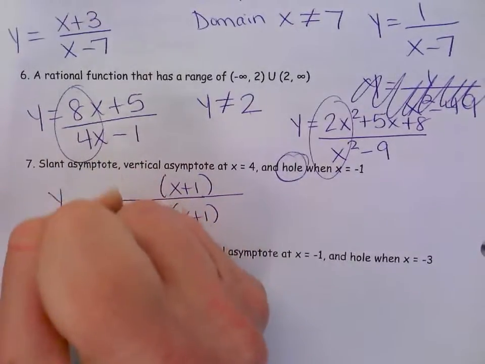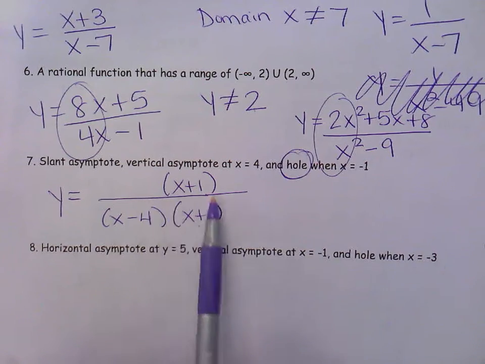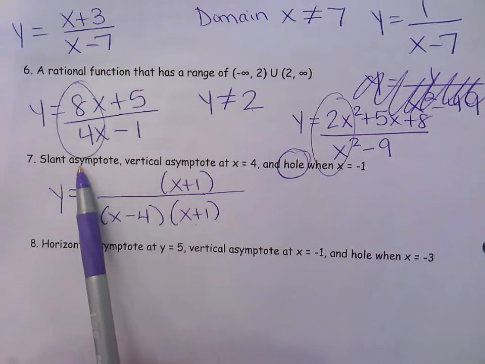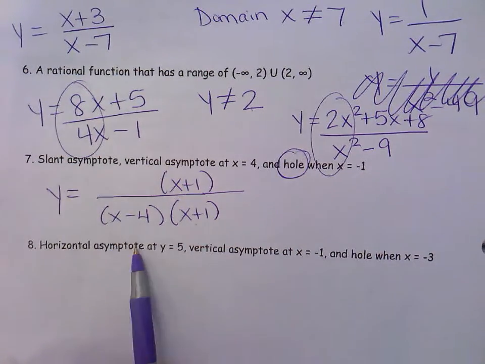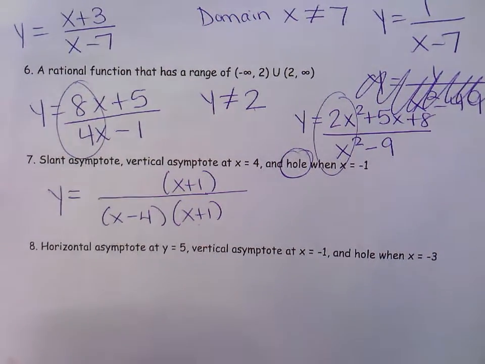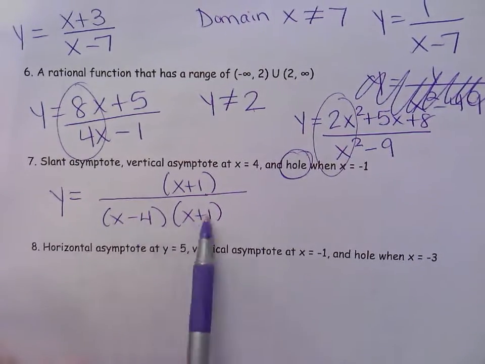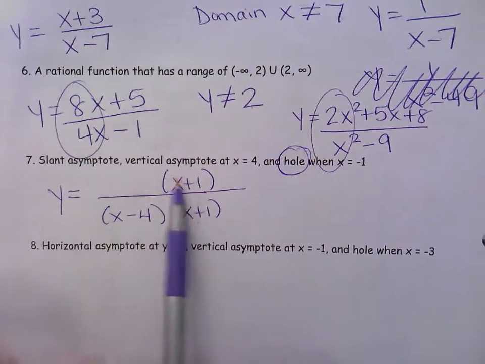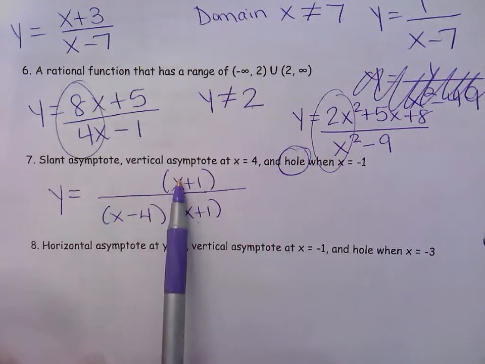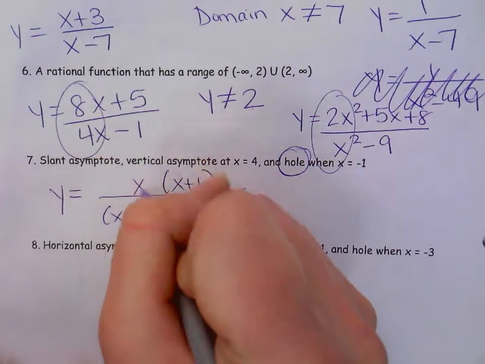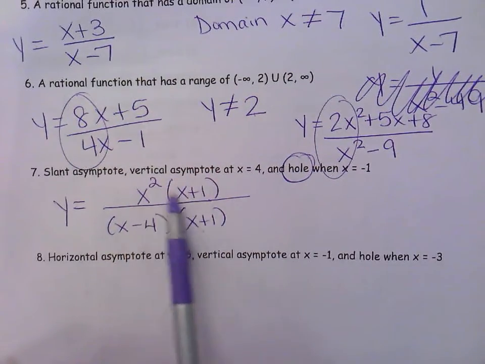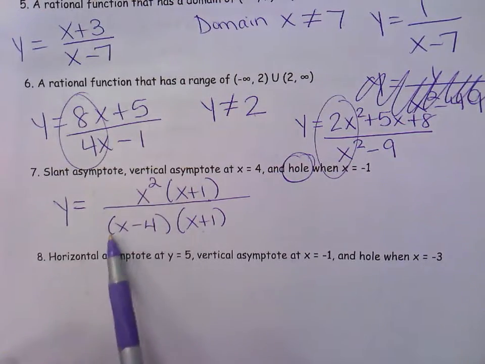So y equals, I need the power of the numerator to be 1 greater than the power of the denominator, so that when I divide, I get a linear asymptote. This is currently a quadratic. This is currently only a linear function. So you could add x squared if you wanted to. That would make it a cubic function over a quadratic function.